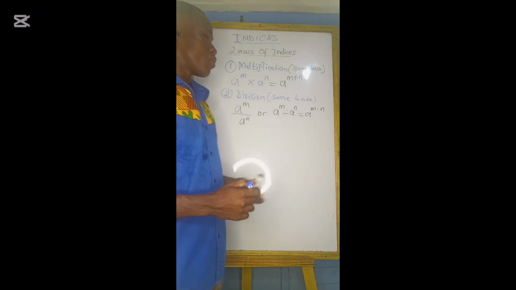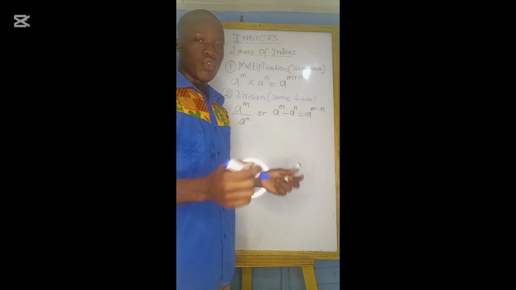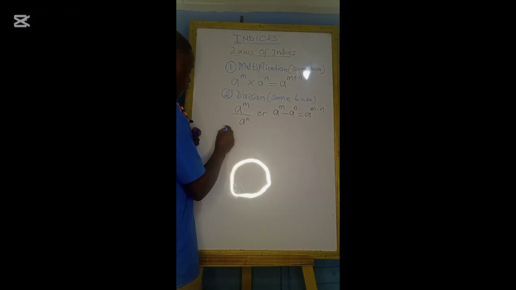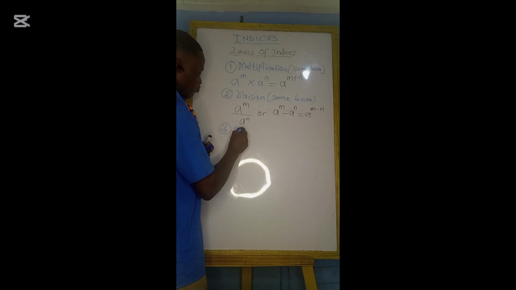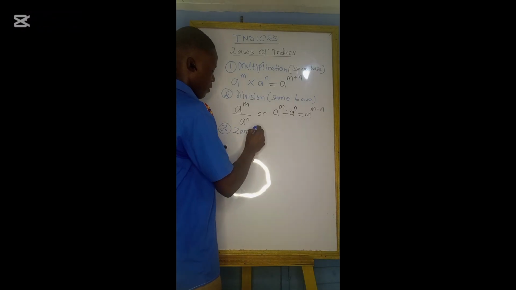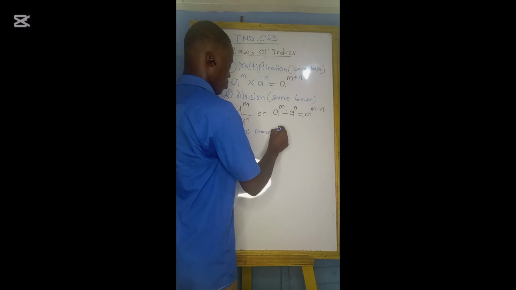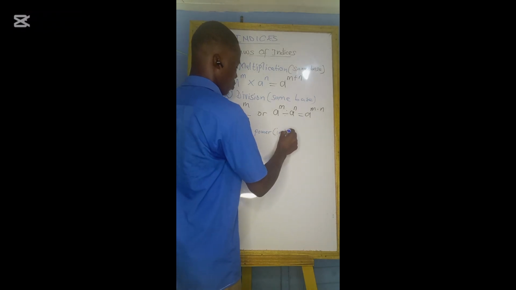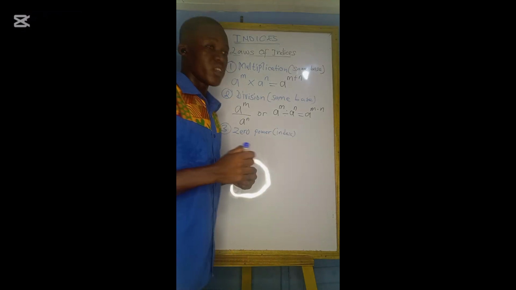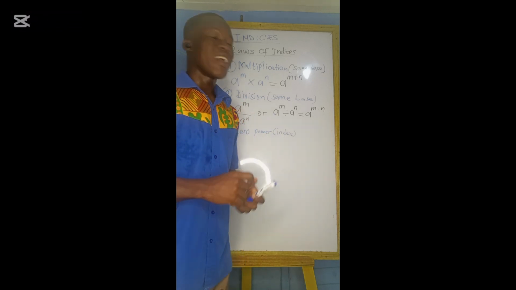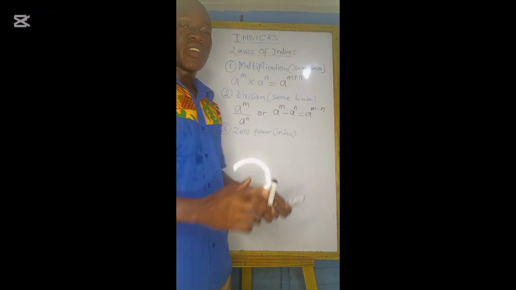Let's look at the third law, which is about the zero power or zero index. Any number raised to the power 0 is equal to 1.